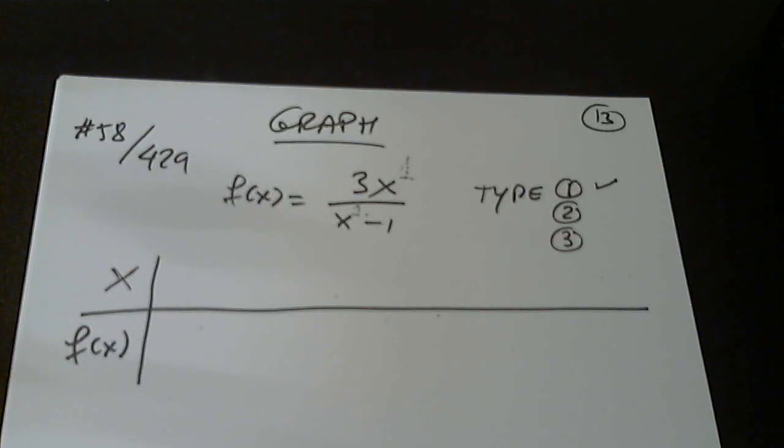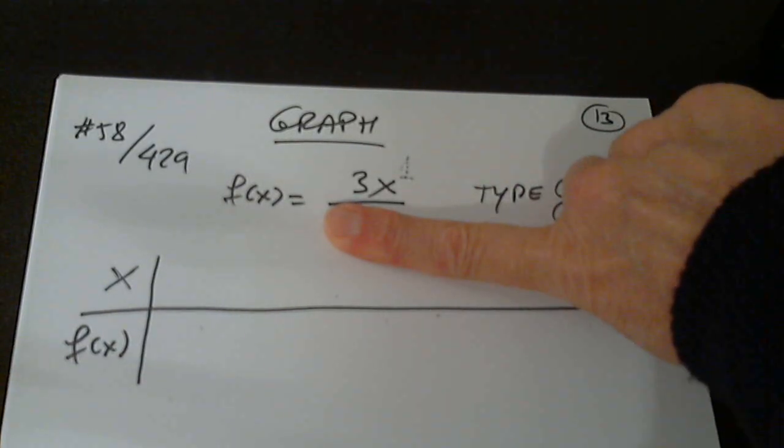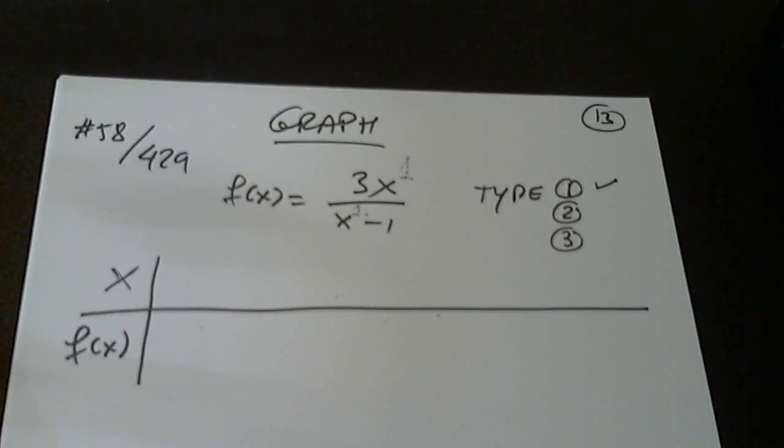So what could be the problem with this function? Would we take the denominator and say that x cannot equal 1? Exactly. Please remember, we cannot divide by 0. So x cannot be 1. Everybody in agreement with that? That's how math is. We have to review and review and review.